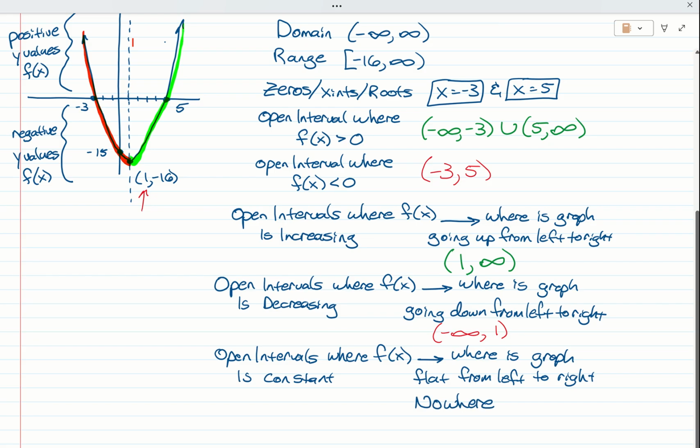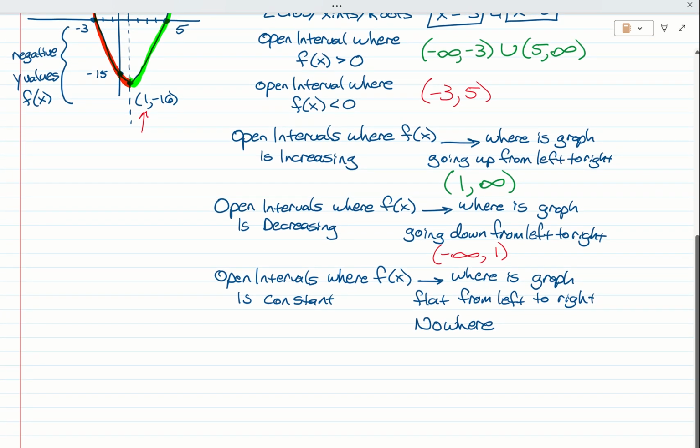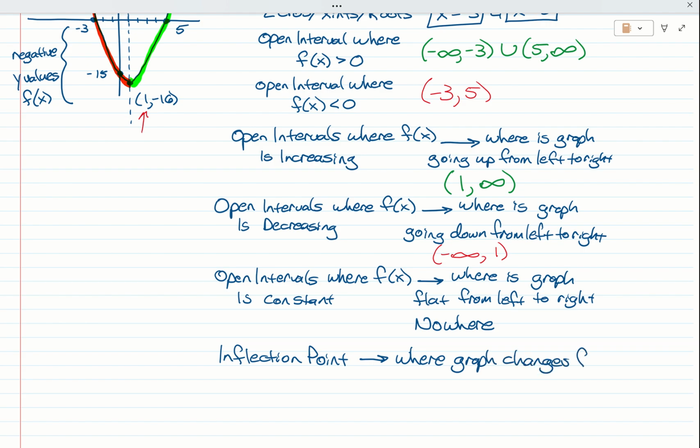Okay. I did mention before something called an inflection point. An inflection point just means where the graph changes from increasing to decreasing.